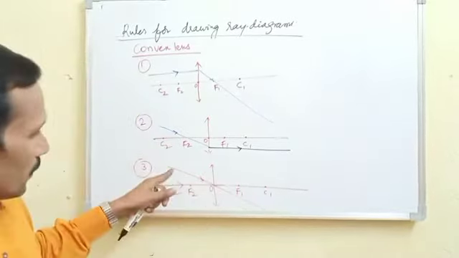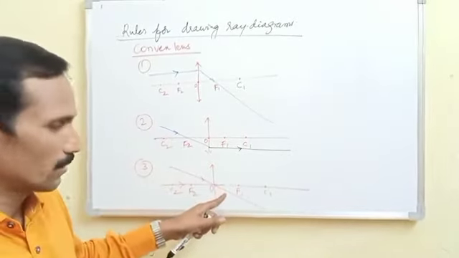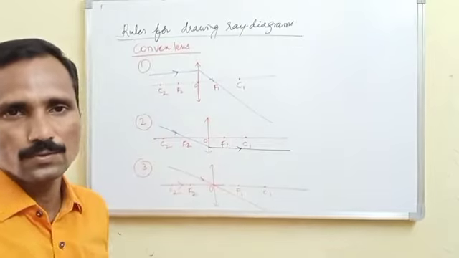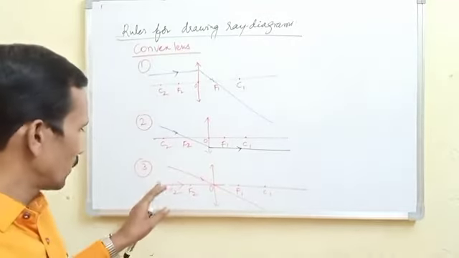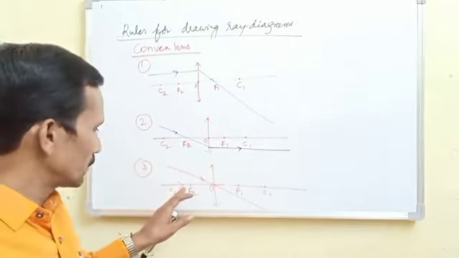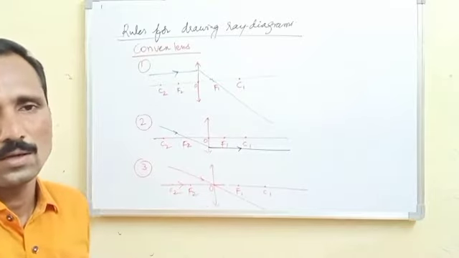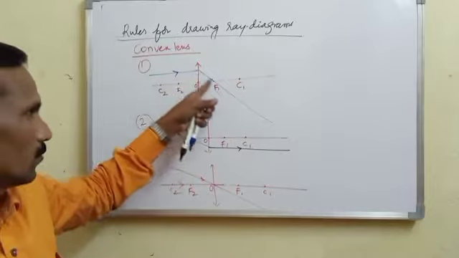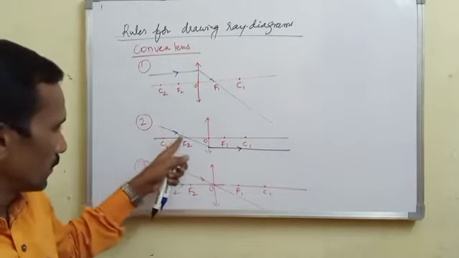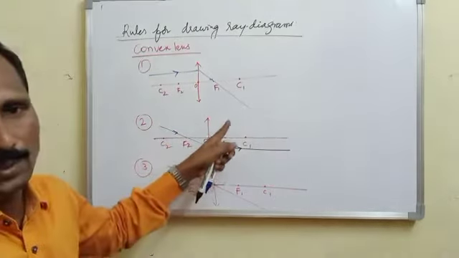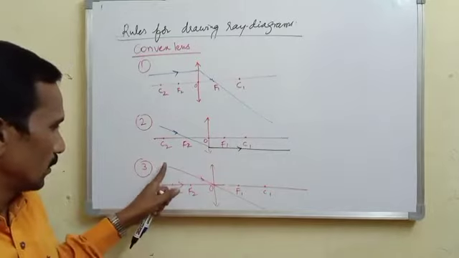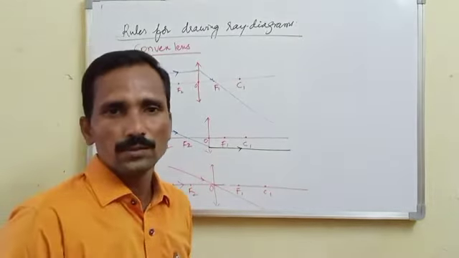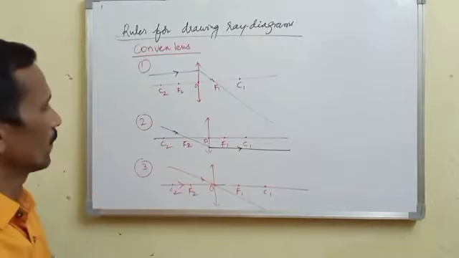So the light ray passing through the optic center does not deviate, it goes the same path. Also the light ray along the principal axis does not deviate. The parallel light ray goes through the focus; the light ray incident through the focus becomes parallel to the principal axis; the ray incident through the optic center will not deviate. Okay.